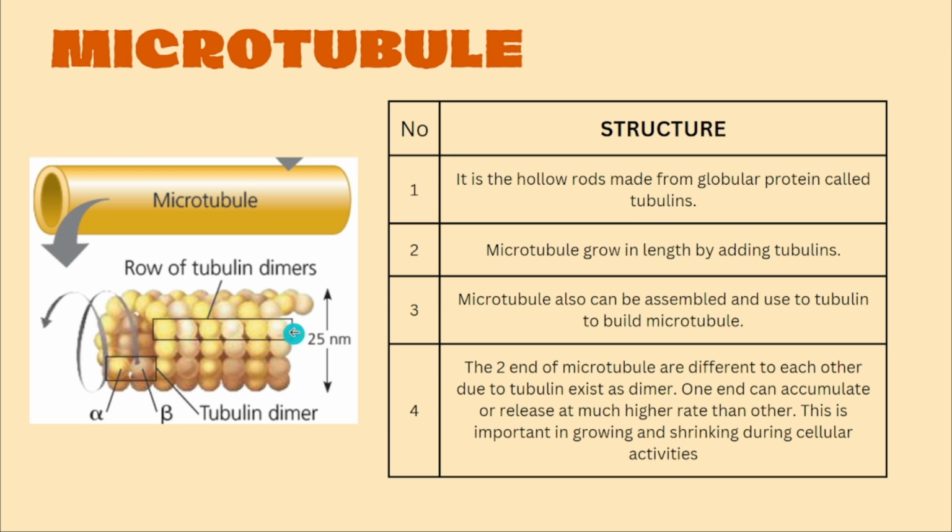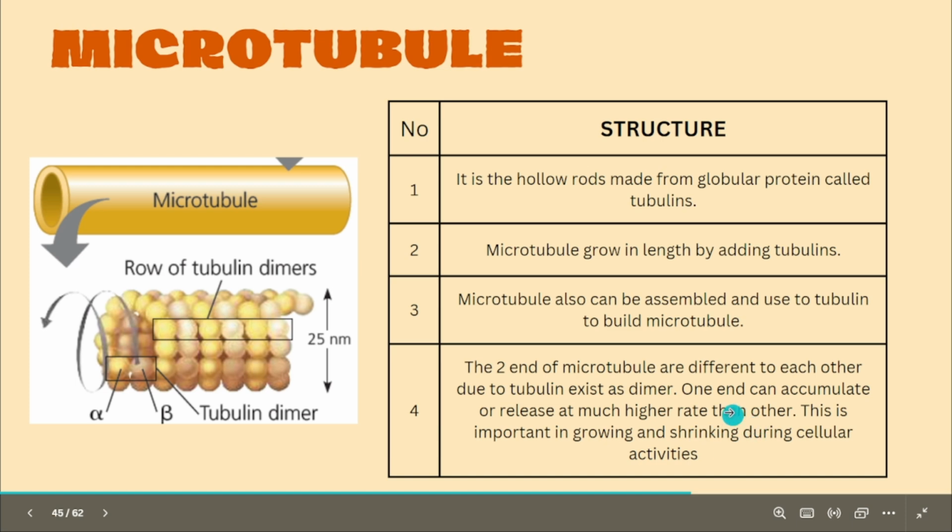If the tubulin structure is arranged badly and there is no space, and additional tubulin wants to add, then no addition process occurs, and the microtubule will retain its shape forever. It cannot change shape anymore. So this is a very important structural characteristic of the microtubule for the growing and shrinking activities in the cells.